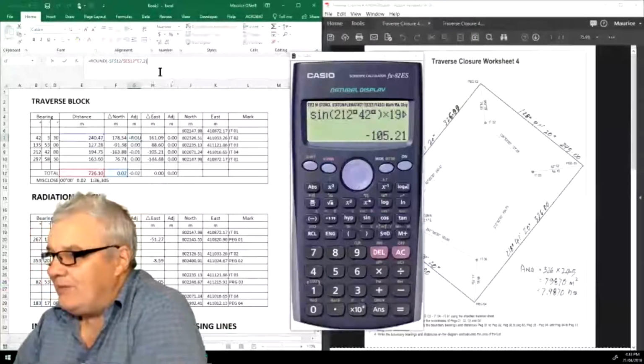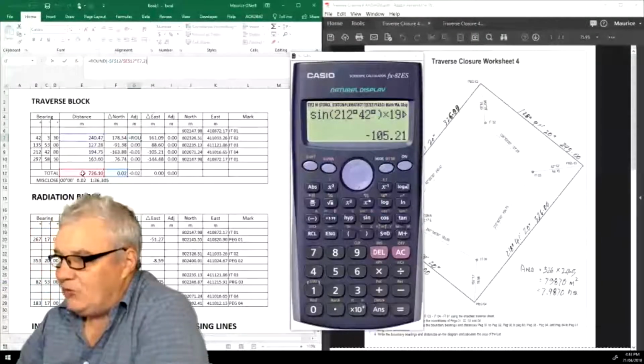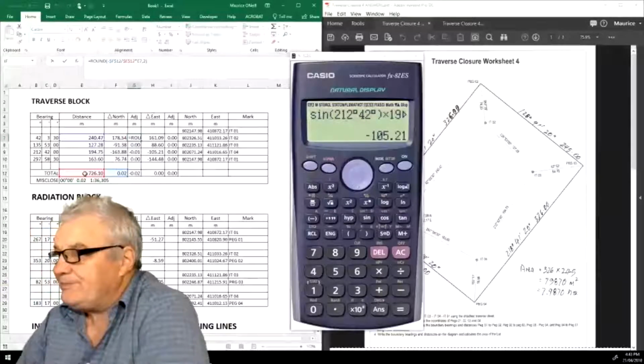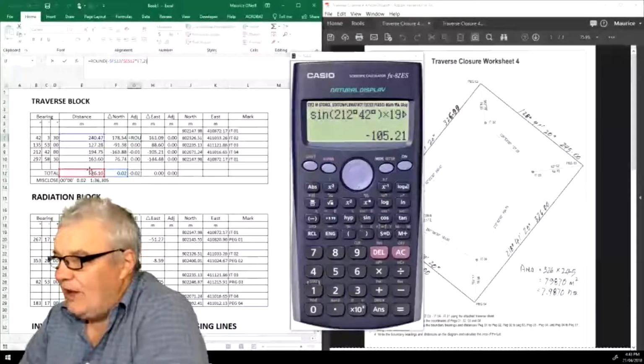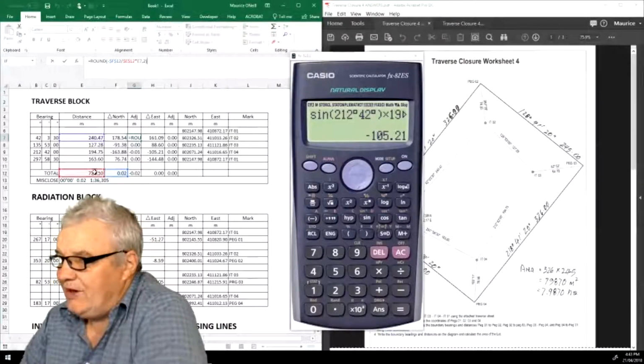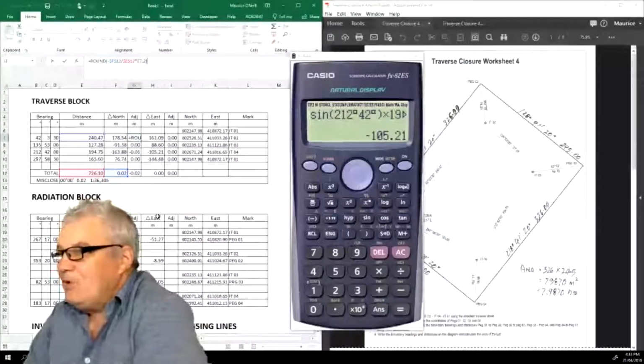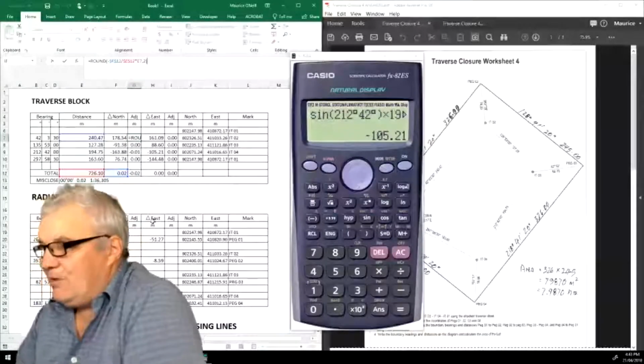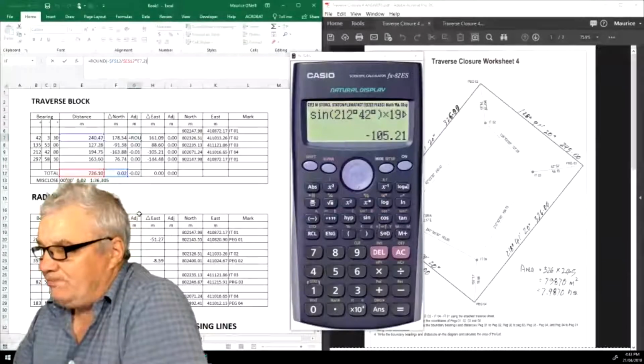And we just obviously take the distance divided by the total distance and multiplied by the misclose. So that over that times that will give you the adjustment there, and we round that to 2 decimal places.